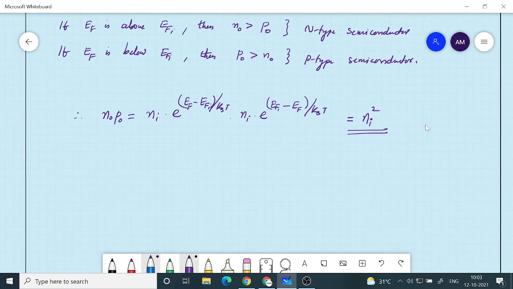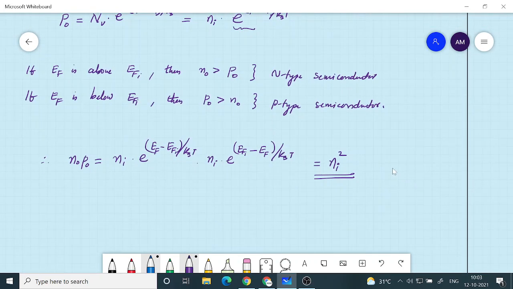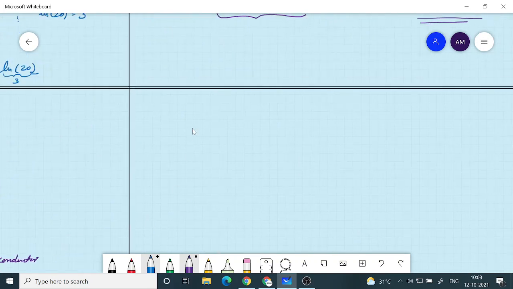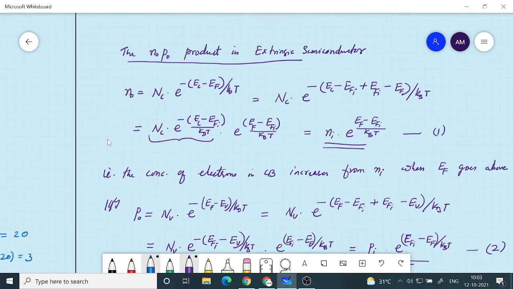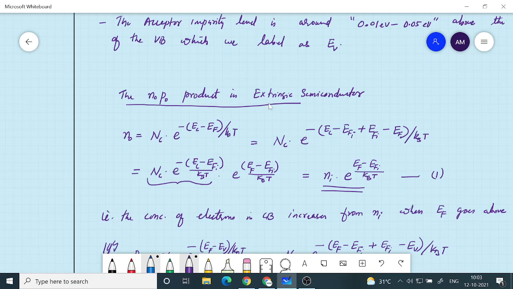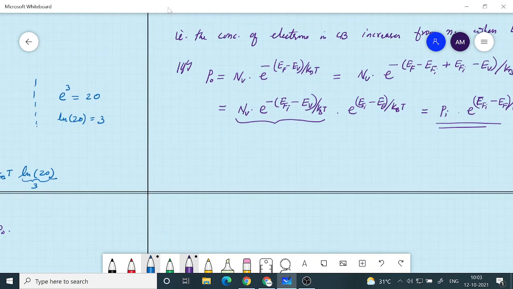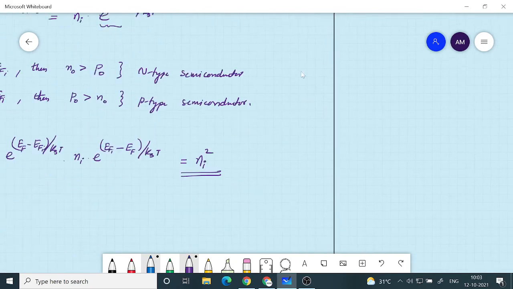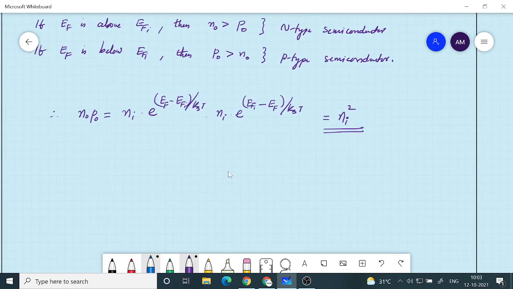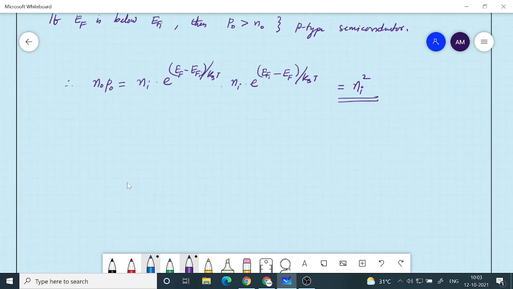Again, this product, the N0 P0 product of extrinsic semiconductor. Intrinsic semiconductor we have already talked about, but for extrinsic semiconductor also this product is going to be equal to Ni square. Even after doping with either donor impurity or acceptor impurity, the concentration of electrons and holes, their product, will still be the same as before doping.